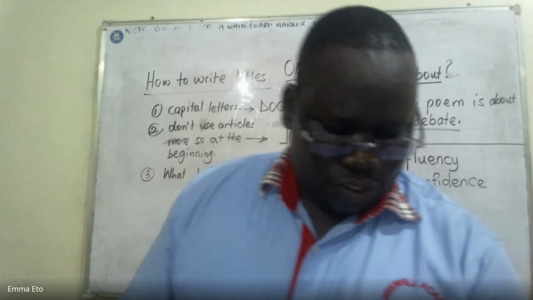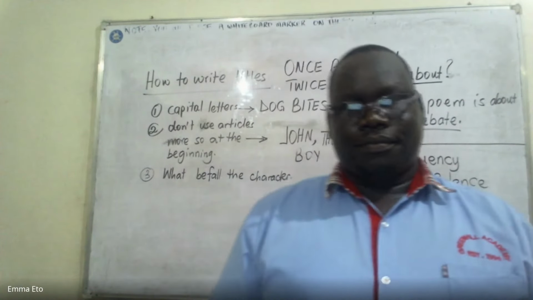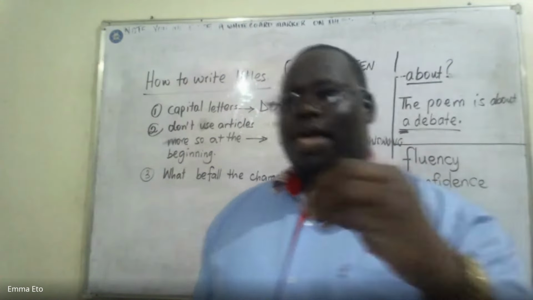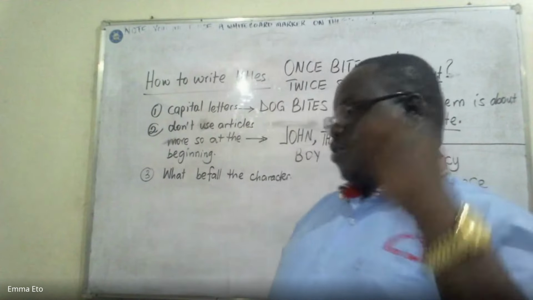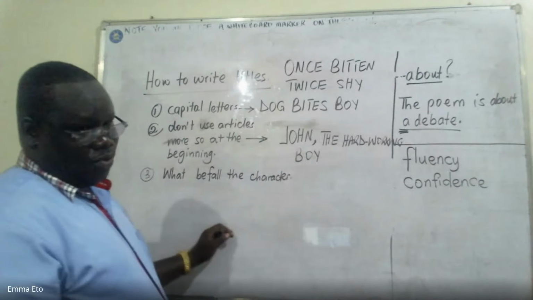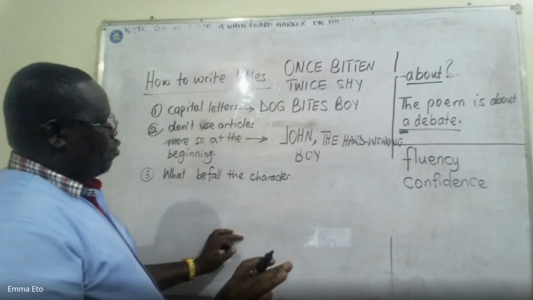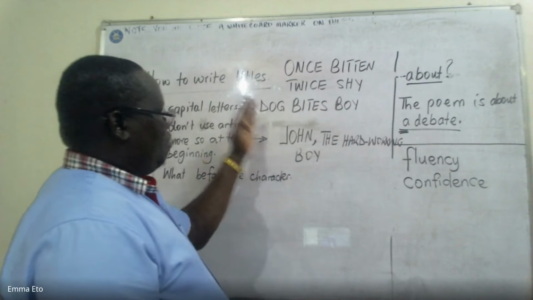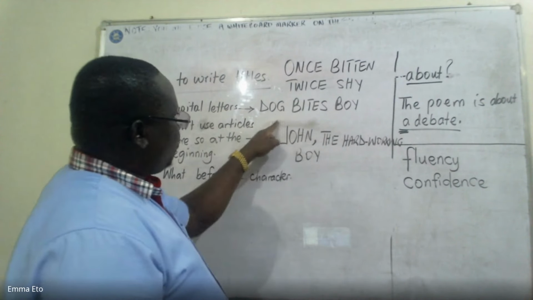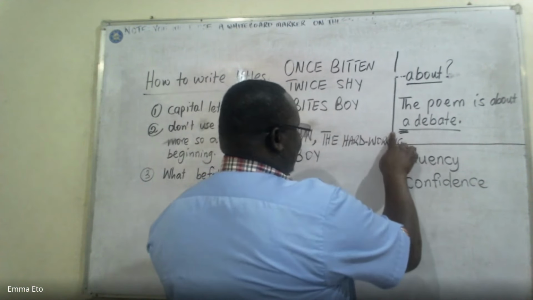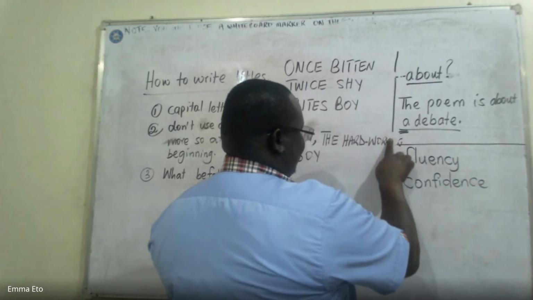Articles make titles redundant. That is what you can tell them, and it is very true. Articles that begin titles make them redundant. But the example I've put here is very clear.